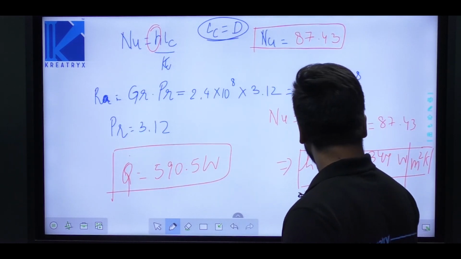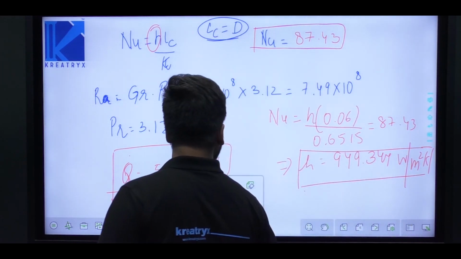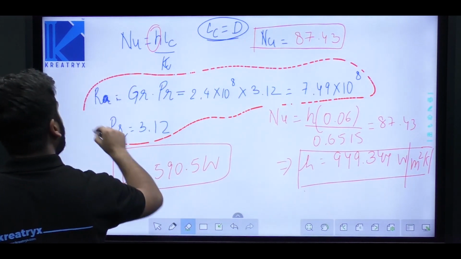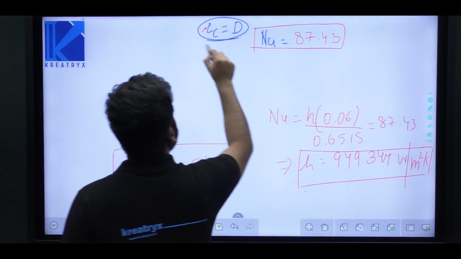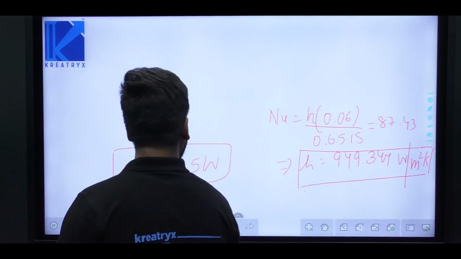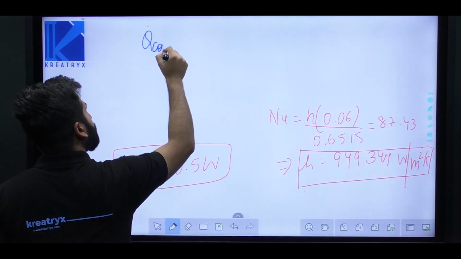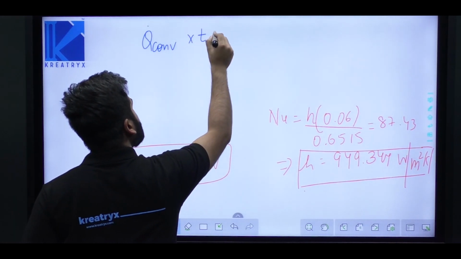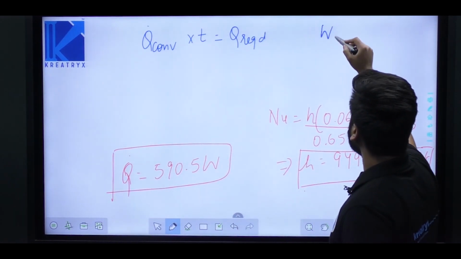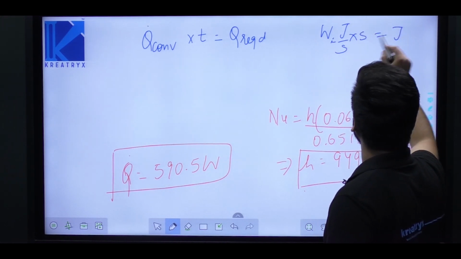That means Q dot convection into t is equal to Q required. This is in watt, that is joule per second, into second will give me joules.